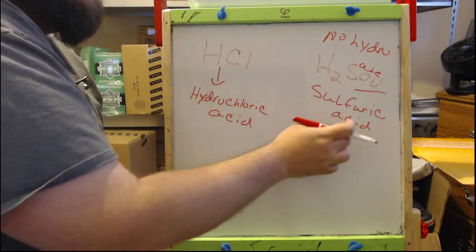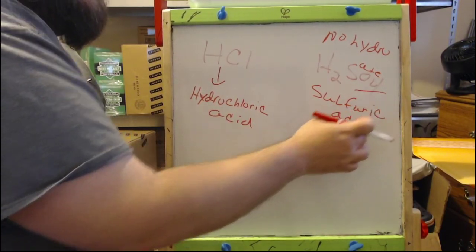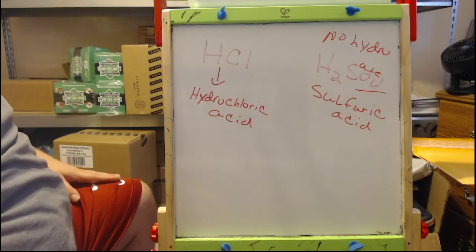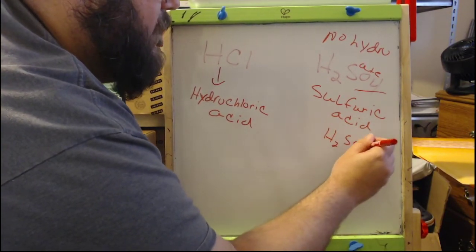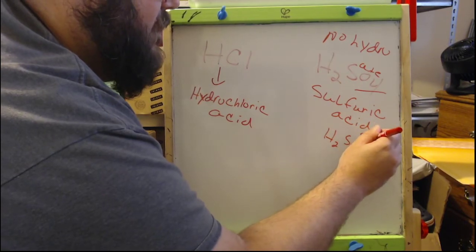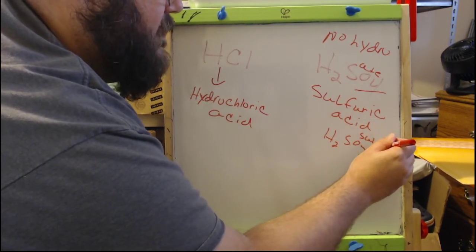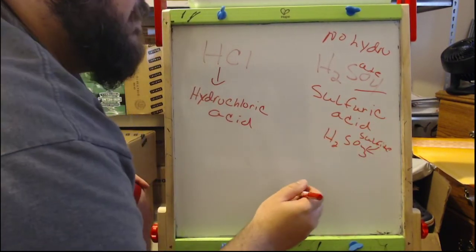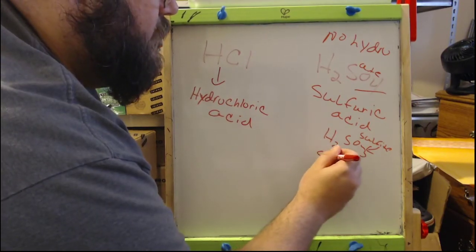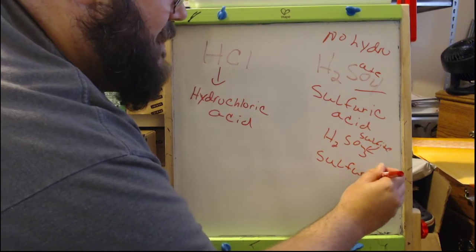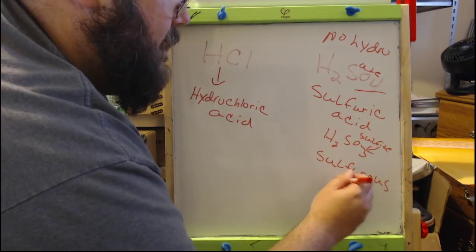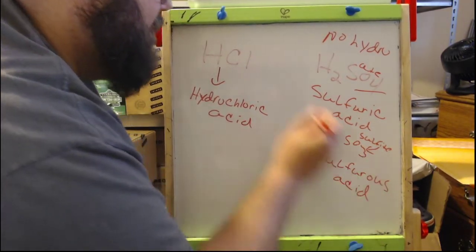If I'm the ate ending, I get the ic ending as the acid. So, H2SO3, which is sulfite, as the polyatomic, the ites get the OUS ending. So this is sulfurous acid.